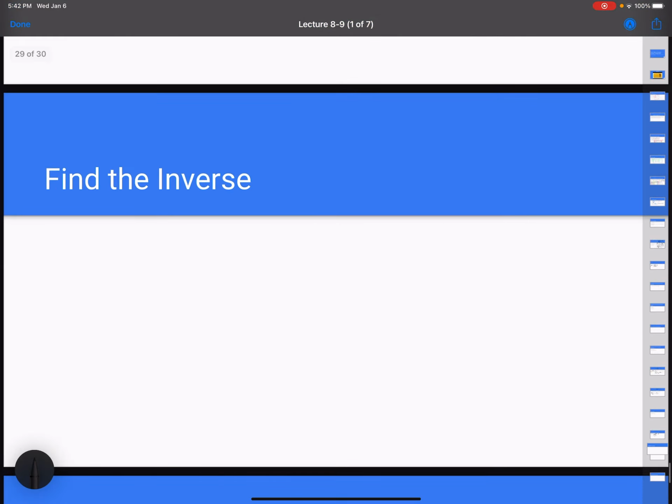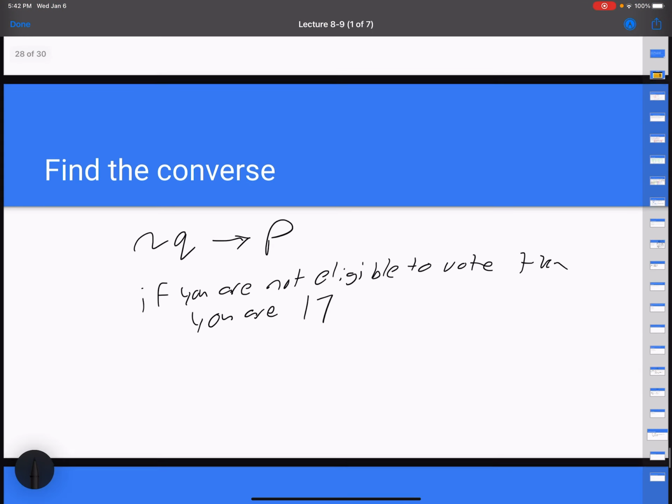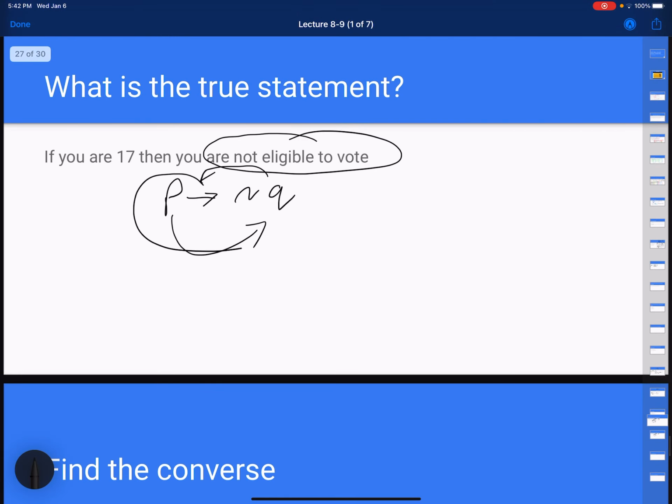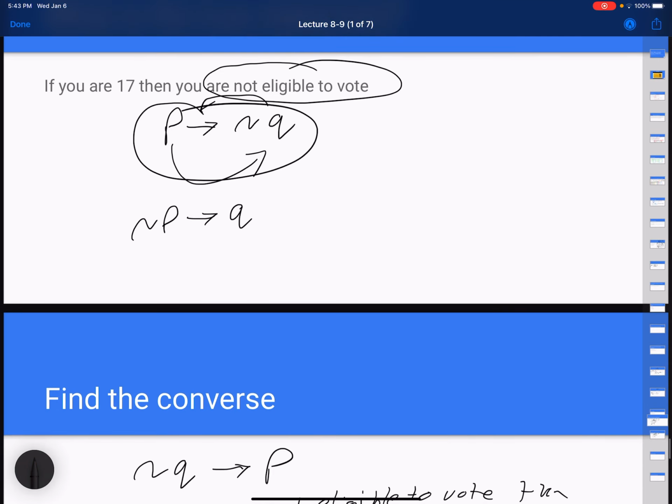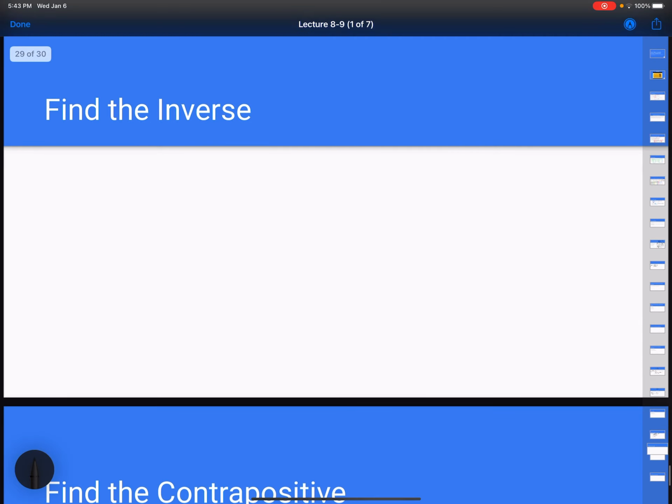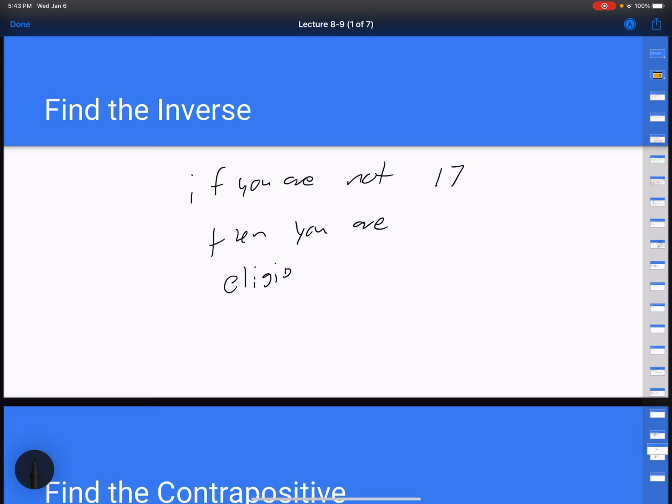Now we find the inverse by negating both statements. So the inverse here, negating both of these, would give us not P implies Q. And negating both pieces tells us if you are not 17, then you are eligible to vote.